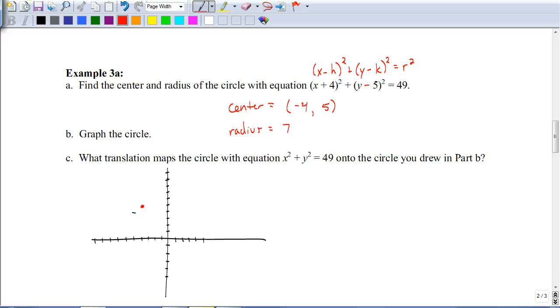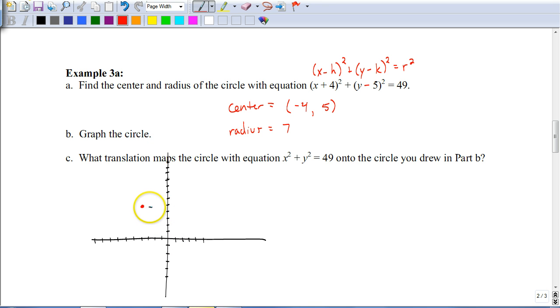And our radius is 7. Now here's how we do that. That means that going out every direction from the center, we would go out 7 units. Well, it's kind of hard to do at an angle, but it's easy to do going straight up or straight down. I think I'm going to need a couple more dash marks here. So what we're going to do is go to the right 7 units from the center, not from the origin down here, but from the center of our circle.